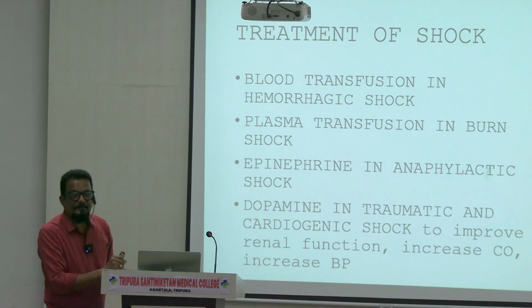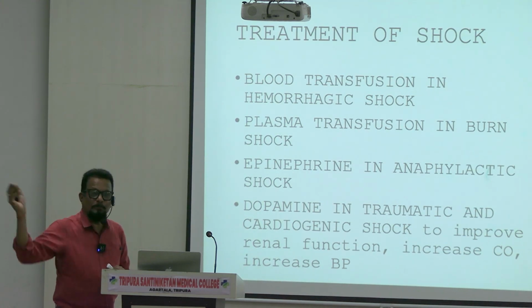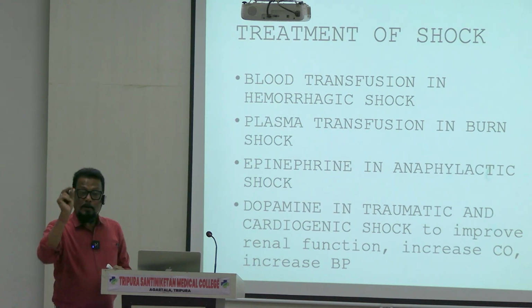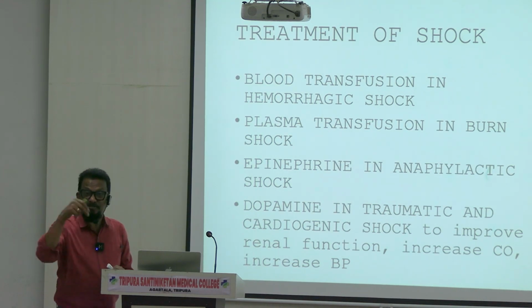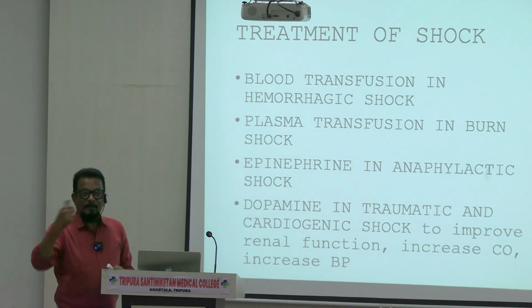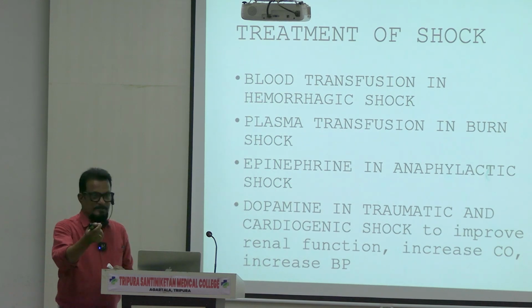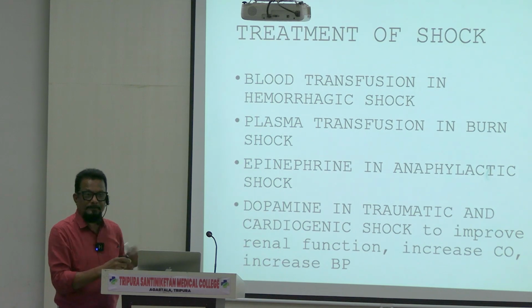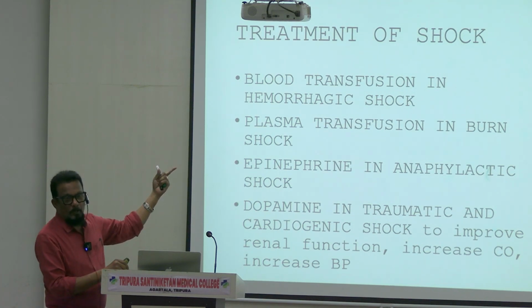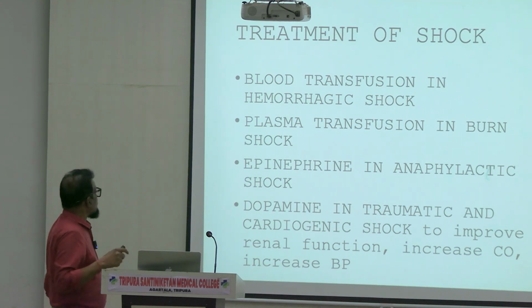Plasma transfusion: in case of burns, a lot of fluid goes out, so the osmotic pressure is reduced. To maintain the osmotic pressure, you have to add albumin. Albumin injection can be given, which will enhance osmotic pressure, and as a result the pressure will be maintained.